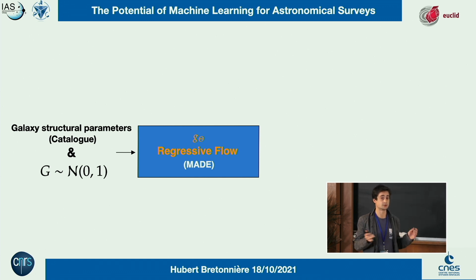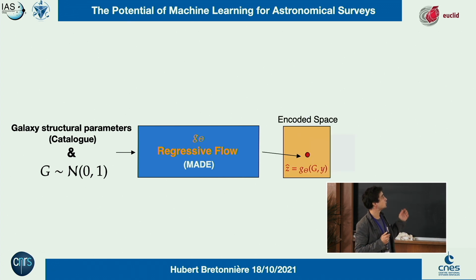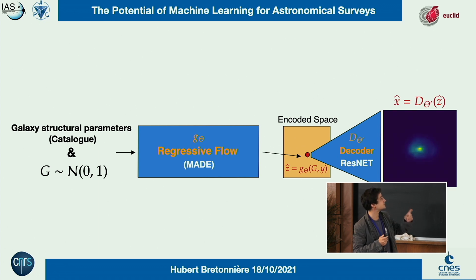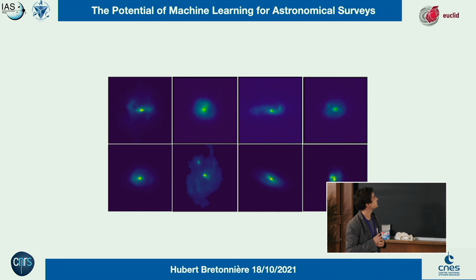So for example, your physical parameters, morphological parameters, to know where to sample into your encoded space of your variational autoencoder, to then decode it and produce the galaxy that has the morphological parameters you put into the input of your VAE.